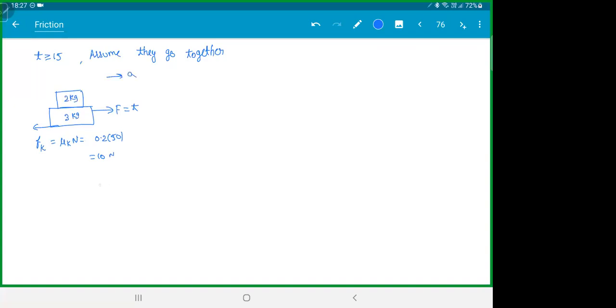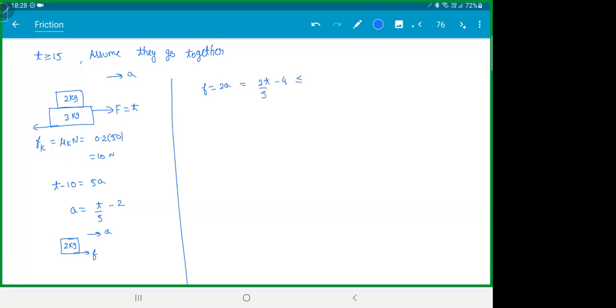This is your acceleration. So T minus 10 is equal to 5a. So we get acceleration is T by 5 minus 2. From here, take any one block. I will choose the 2 kg block. Remember, this friction is still static. With acceleration a, we get F is equal to 2a, which is 2T by 5 minus 4.